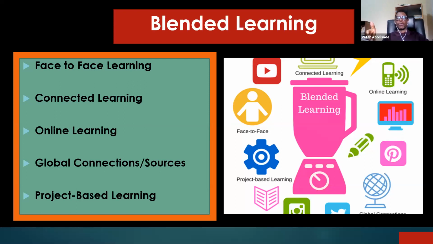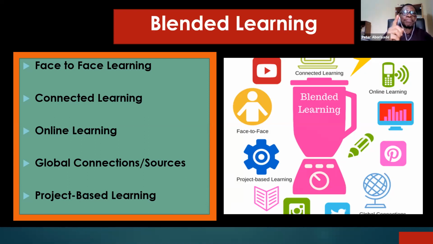You can see in the picture on the right that the smoothie maker, you can put any choice in that blender and mix them all together, like face-to-face learning, connected learning, online learning, global connections and sources, project-based learning, whatever you want, in whatever quantity, in whatever mixture, is what gives you blended learning.